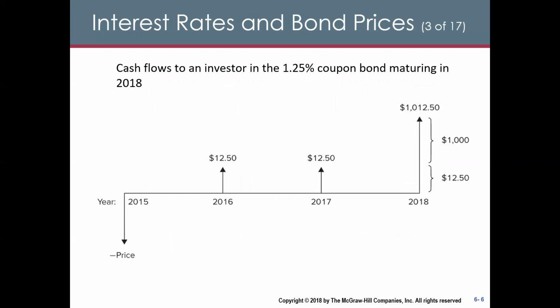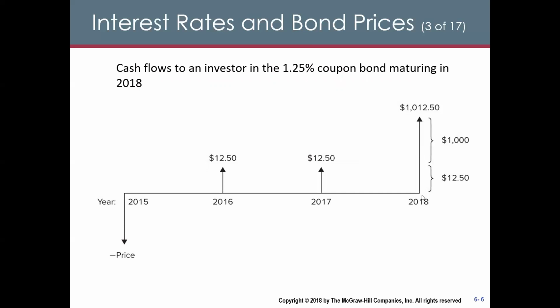If we put this into a timeline, for example, the face value is $1,000, the coupon rate is 1.25%, and that means you are receiving $12.5 for each coupon payment. And we purchased the bond in 2015.